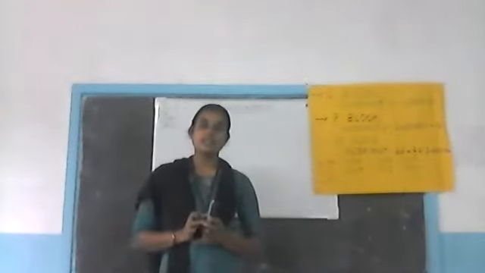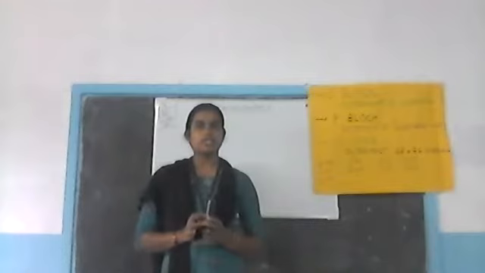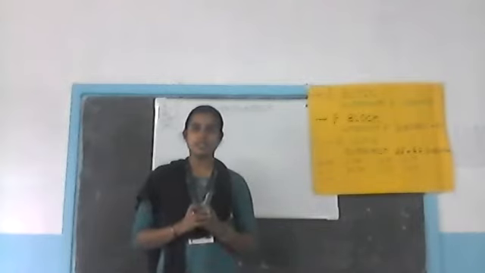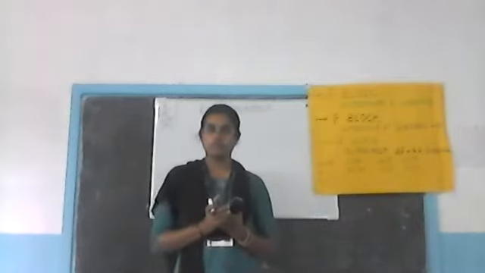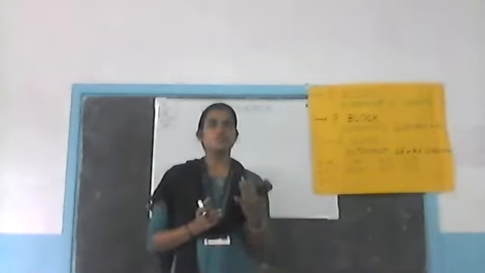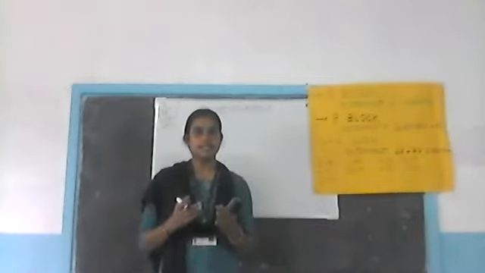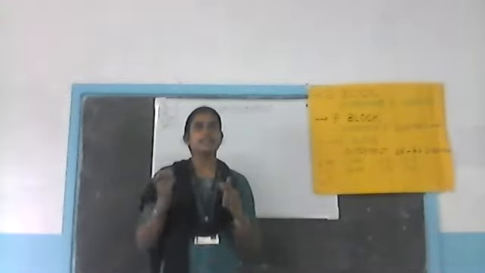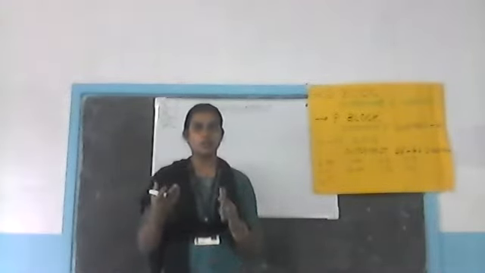In the previous class, we had discussed subshell electronic configuration, isn't it? What is the proper arrangement of subshell electronic configuration? Like 1s, 2s, 2p, 3s, 3p, then 4s, then the last electron will enter into 3d.